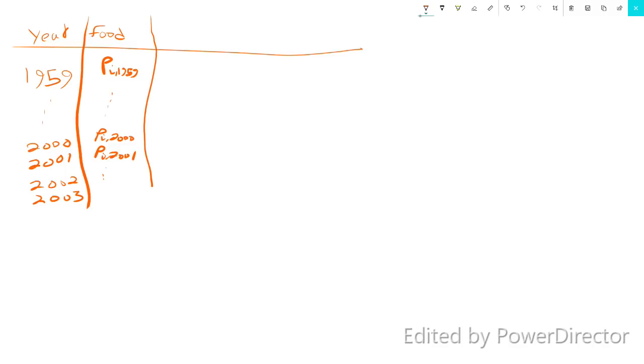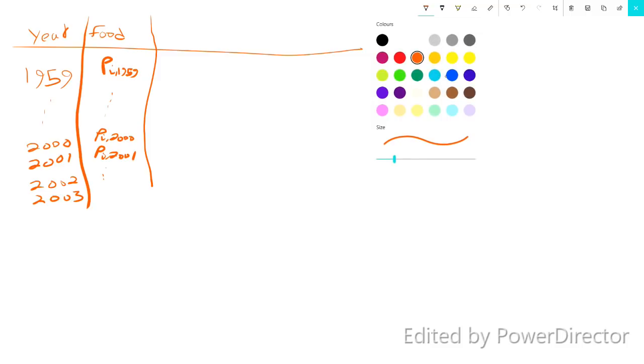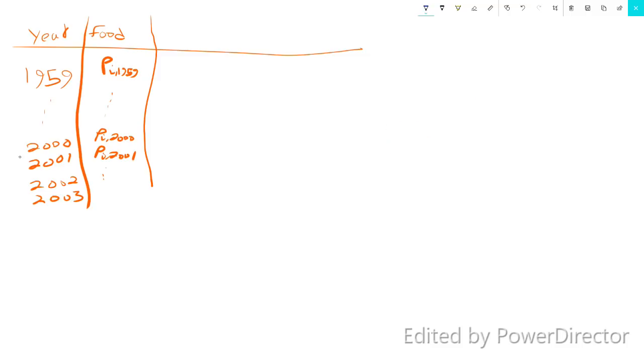In this case, we really need to select a particular base year. In our case, the base year is going to be this value, year 2000, PI 2000.